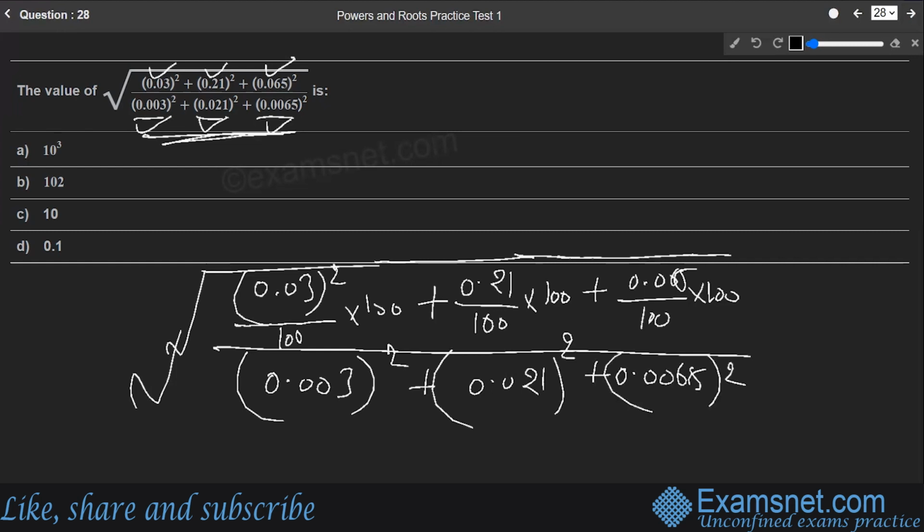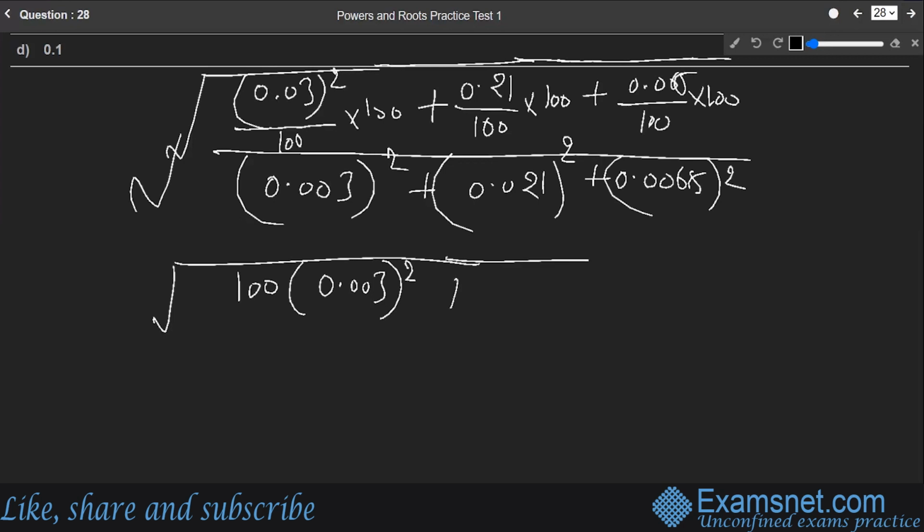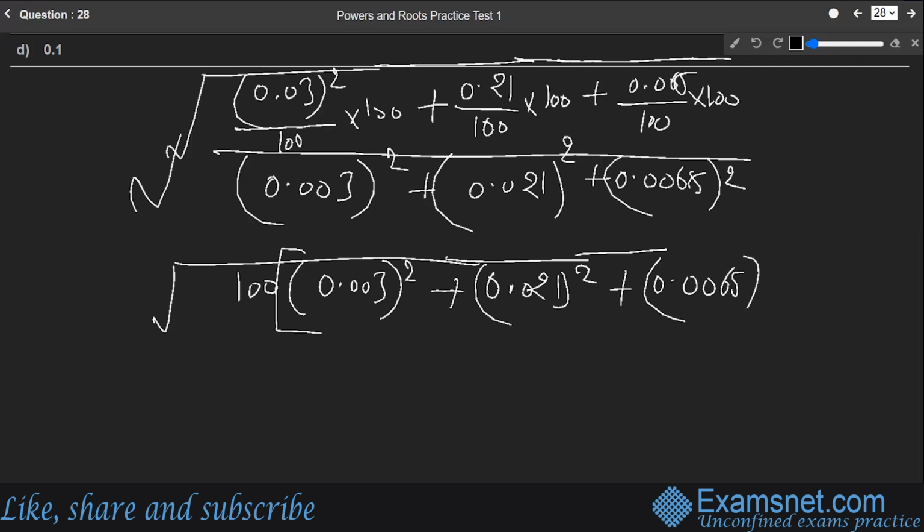Now clearly, in the numerator, just give it the thought. The numerator can now be written as 100 on the outside, and this becomes 0.003 whole square, plus, as this 100 is completely common to all, 0.021 whole square, and plus 0.0065 whole square.